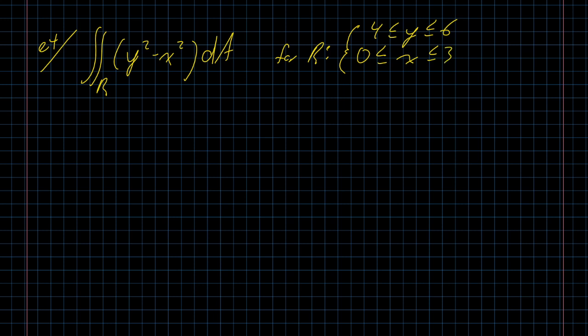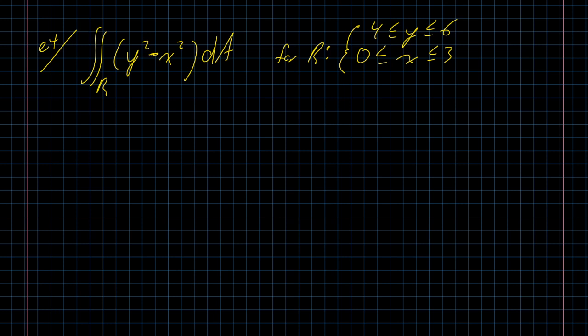Here, once again, we have a rectangular region. Y goes between 4 and 6, x goes between 0 and 3, and we have the entire rectangle, nothing strange happening there. In our integrand, however, we have subtraction. And the one frustrating thing about subtraction is that you can never factor anything out when you're subtracting.